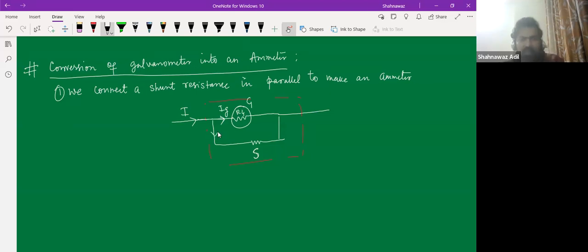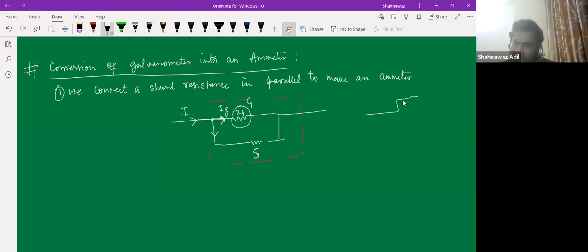What would be this current at junction 2? That would be I. So I current is going inside and then two are outgoing at this junction. So this plus this would be I, right?